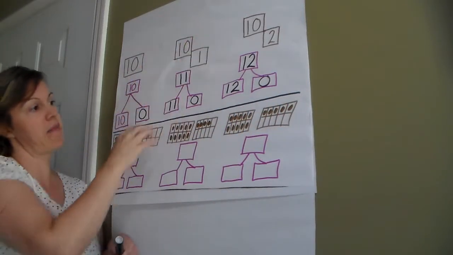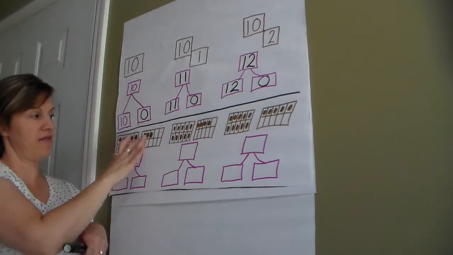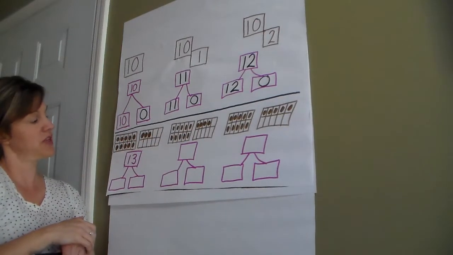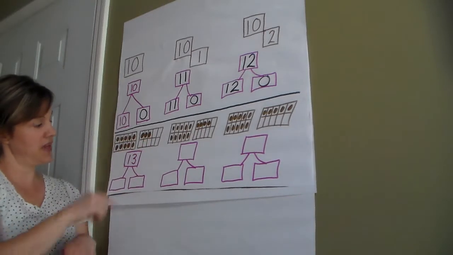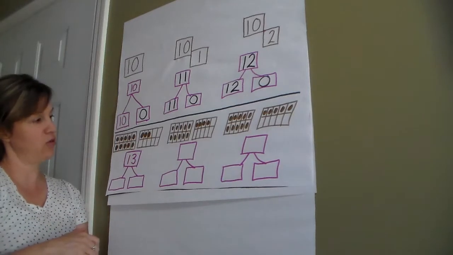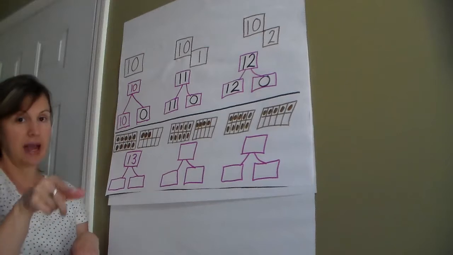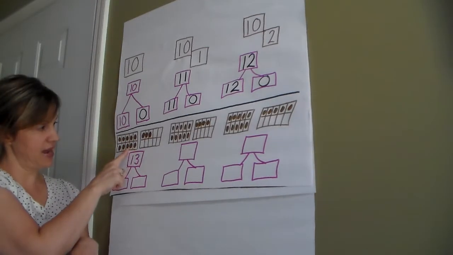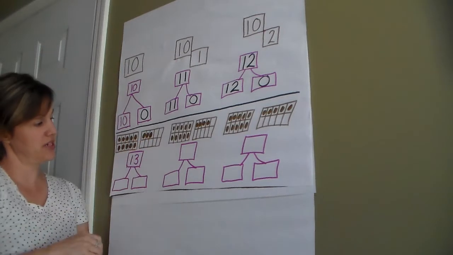So we finished the top part, and now you see they are changing now to, we have these 10 groups. So this time we're going to use that to fill in the number bond. So I see the first group here is full. That's a full 10 group. And then I have some more over here. So I'm going to count up 10, 11, 12, 13.